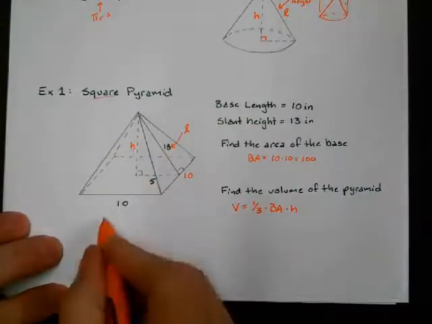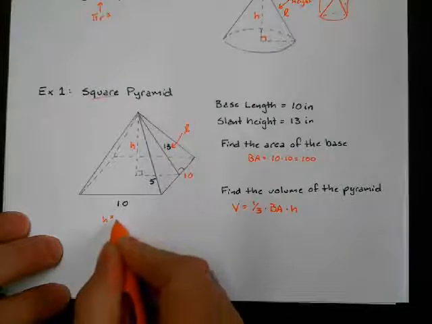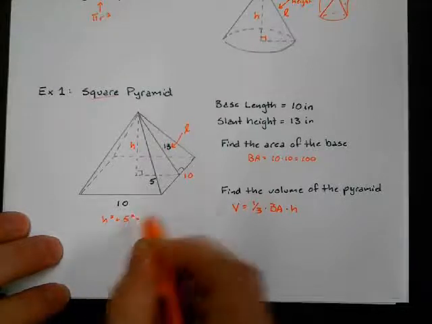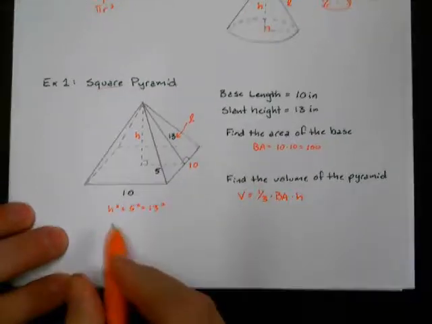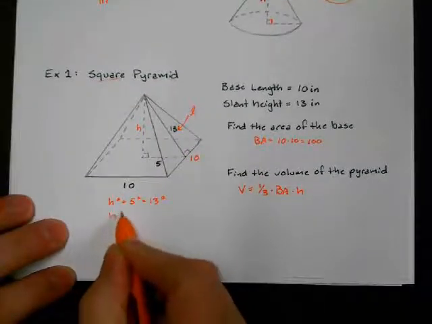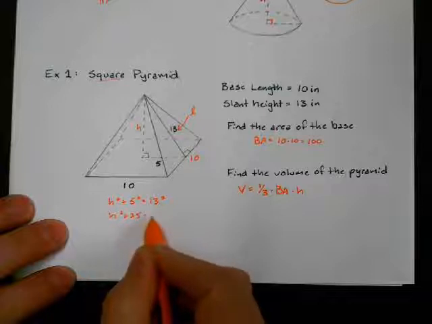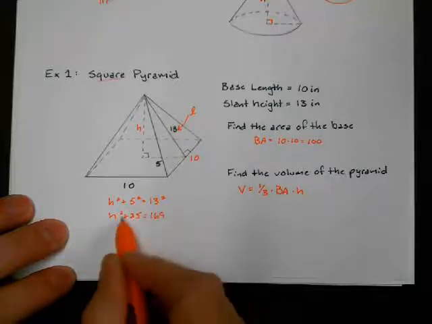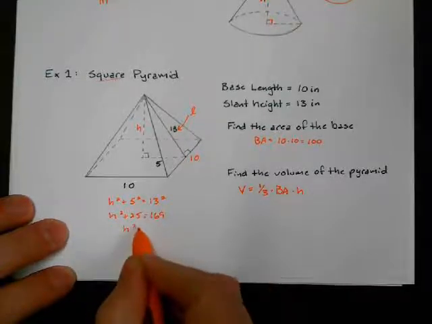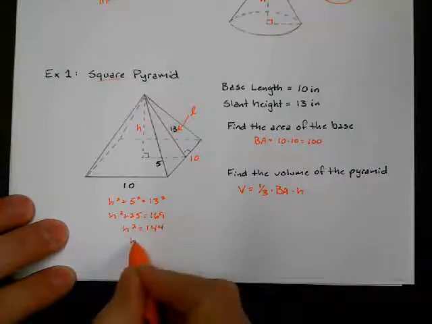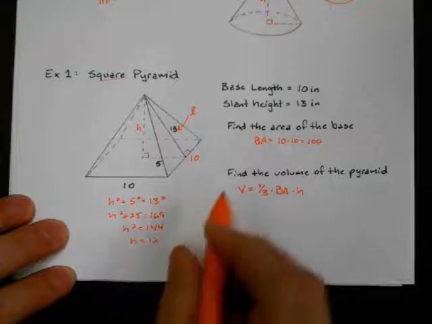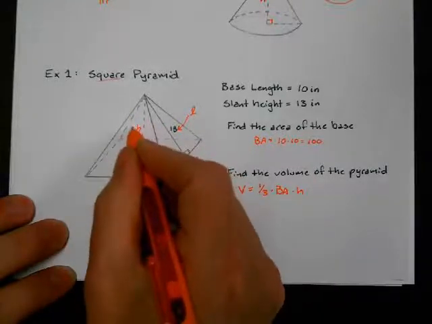So we would do h squared plus 5 squared, and then the lateral height's the hypotenuse of this, so that's 13 squared. So this would give us h squared plus 25 equals 169. Subtract 25 from both sides, we get h squared is equal to 144. And so h is 12. So now we know that we have a height of 12 there.